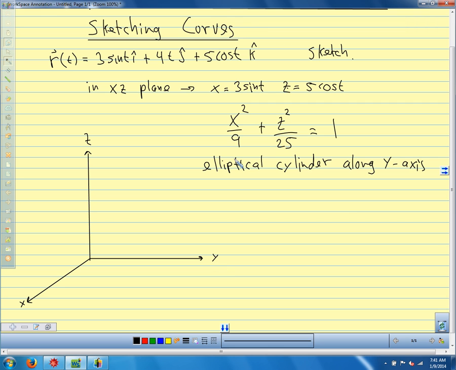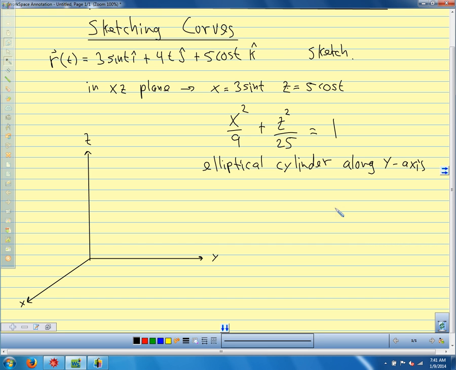So we have this elliptical cylinder along the y-axis. It's going to be stretched in which direction? Which is going to be the major axis along? Y?